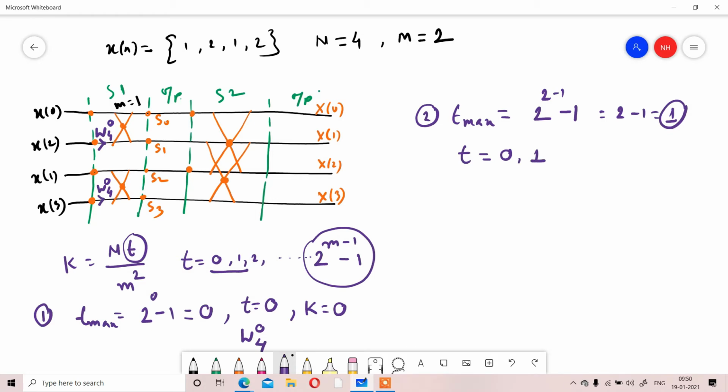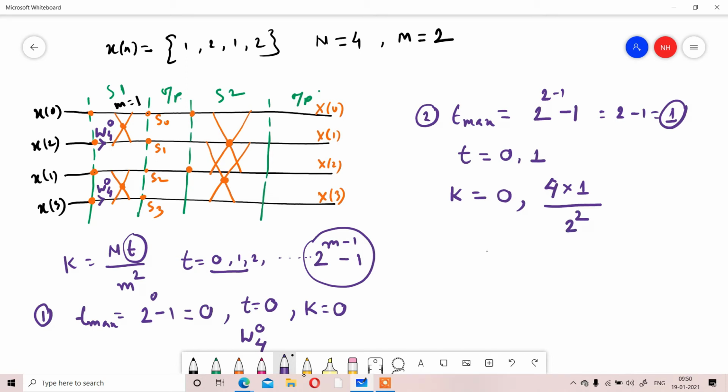These are the two t values, and depending on these two t's you will have two k's. So for t equal to 0, k value is 0, and for t equal to 1, k value will be the number of n, which is 4, multiplied by t divided by small m square.